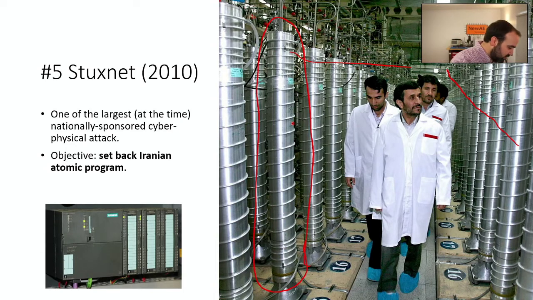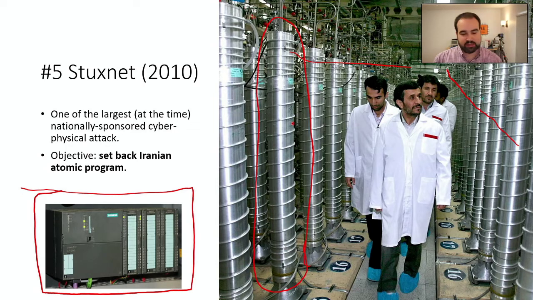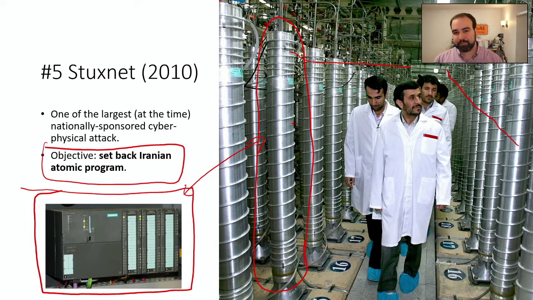These centrifuges are controlled by a device here. This is a common industrial device, and we'll talk more about industrial control systems in another lecture. This device is a programmable logic controller, or PLC. It controls a number of these centrifuges. This attack had the objective of setting back the Iranian atomic program.